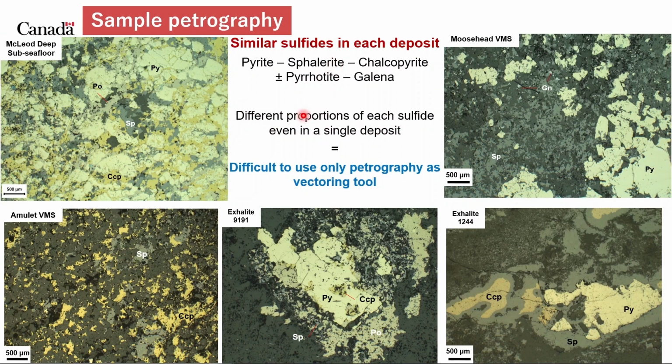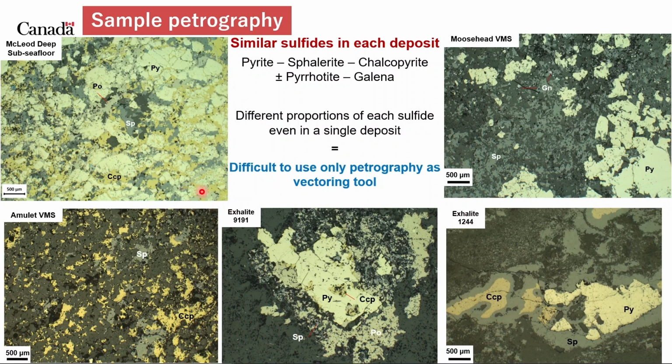So just to see quickly the petrography, in all of these deposits we generally observe similar sulfides. It's a mix of pyrite, sphalerite, chalcopyrite, plus or minus pyrrhotite, and really rarely galena. But in all of these deposits, there are different proportions of sulfides.